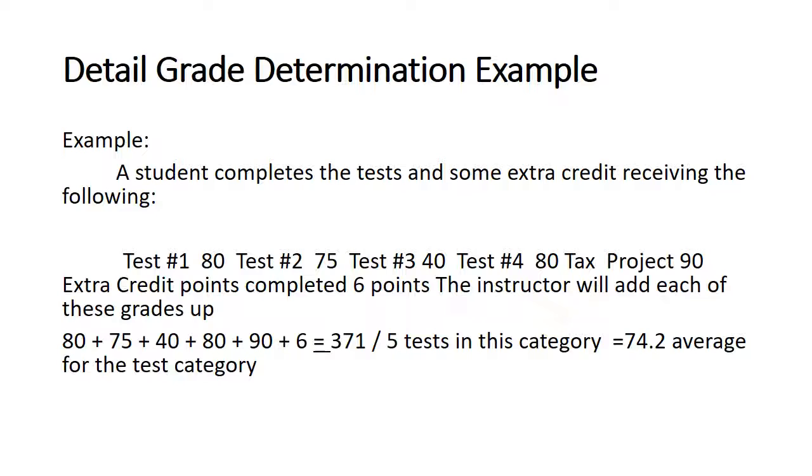Now, let's just make sure we're all on the same page with how I determine your grade. First of all, when you look in Blackboard, my grade book is not set up yet exactly as it should be. What is there? I have all of your quizzes and your average quiz. I have all your tax returns and your average tax return grade, your graded assignments and your average graded assignments.